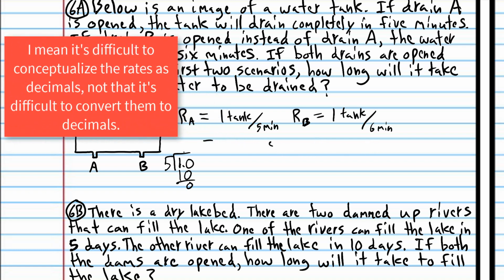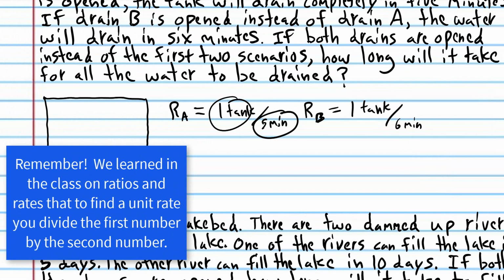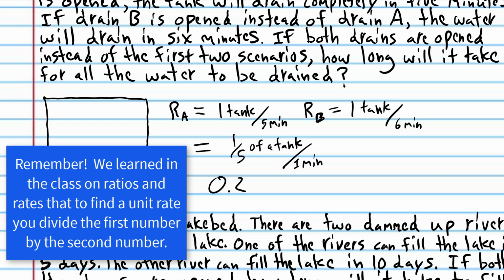So instead of doing that, we're going to do it a slightly different way. It turns out when you take 1 and divide by 5, your answer can also be written as simply 1 over 5. 1/5 of a tank is drained every 1 minute. So 0.2 is the same thing as 1 over 5.